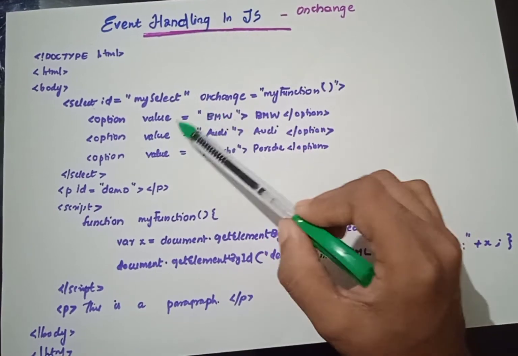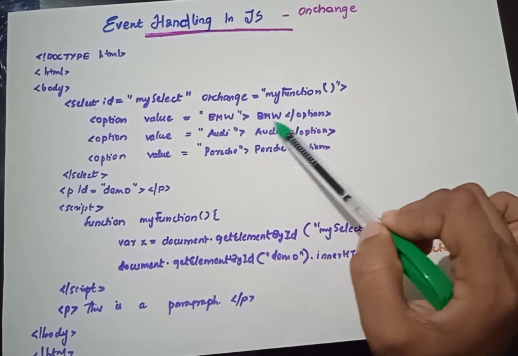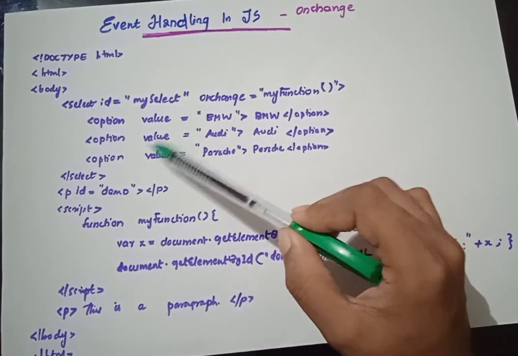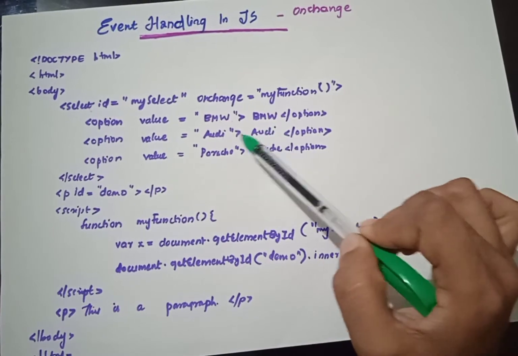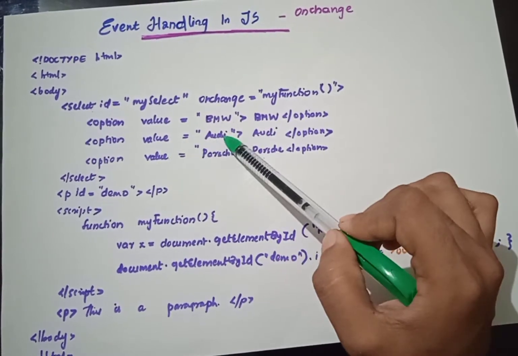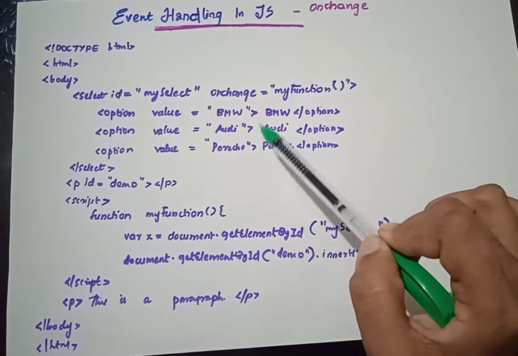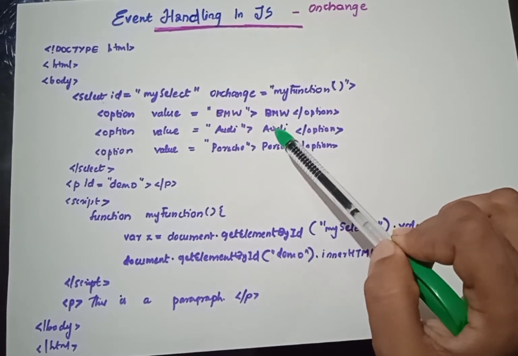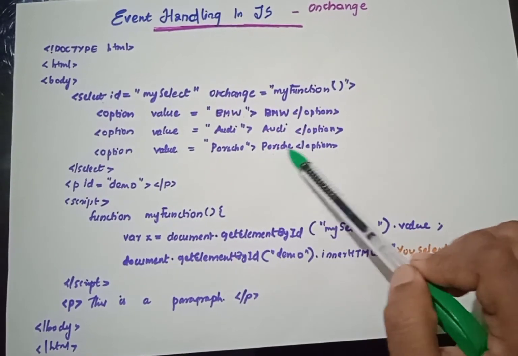For the first option the value is BMW, and we mention the same word in the list too. The second item in the drop down list is Audi. I have given the same value to the option and also that value to be displayed in the drop down list, and like that another one too.